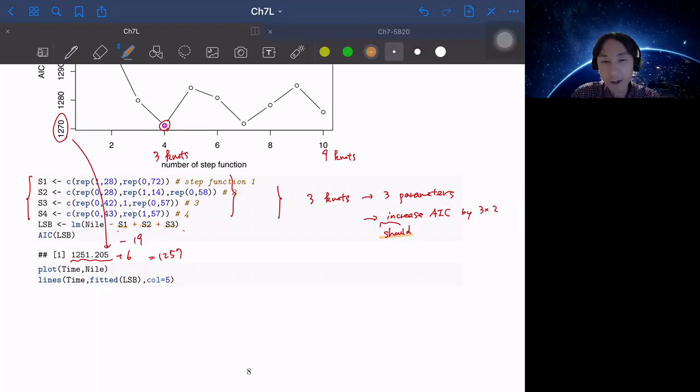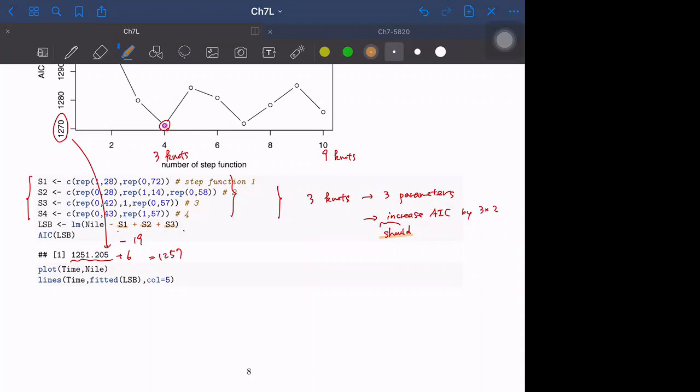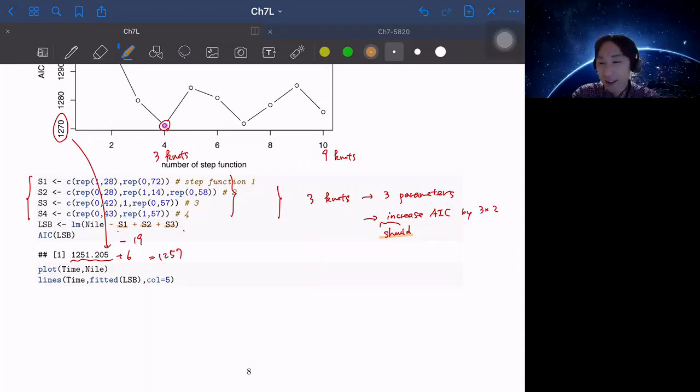So R doesn't know that we optimized these 3 nodes. So we manually picked the 3 knots. Yes, I see. Thank you. If in the R procedure they optimize these 3 parameters, then R can recognize there are 3 parameters, but R does not recognize 3 parameters here. So the AIC is artificially lower by 6.